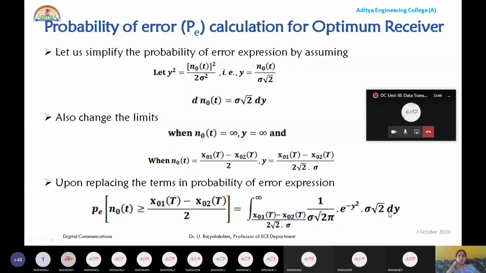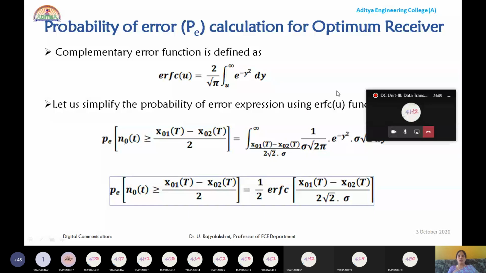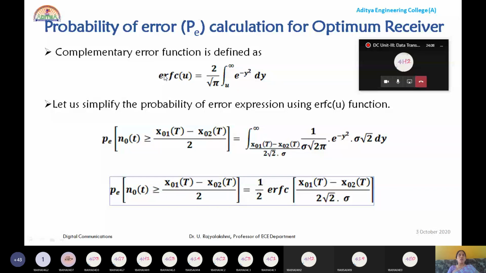If you observe the equation carefully, here you have sigma root 2 in the numerator and sigma root 2 in the denominator. These two get cancelled, so you can represent the expression in the form of the complementary error function. What is the complementary error function? It shows the inverse relationship: ERFC of u equals 2 by root pi integral from u to infinity e power minus y square dy. Here we represented the probability of error in the form of ERFC of u.